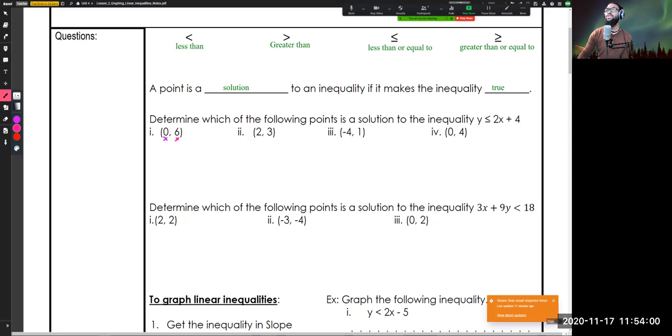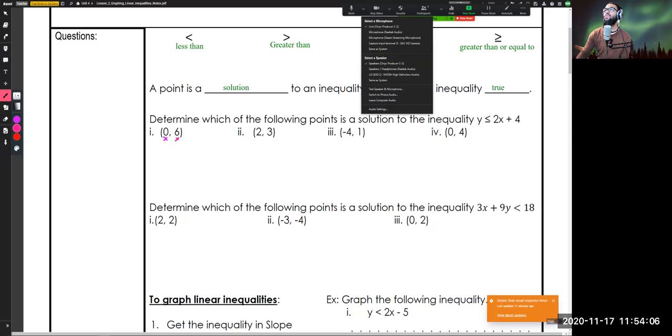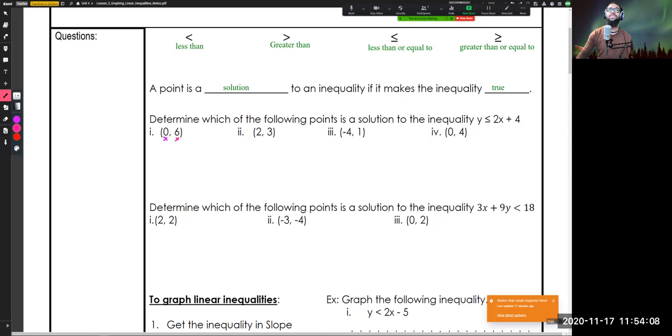So let's begin. We're just going to simply plug these right into their place in this equation. We have y is less than or equal to 2x plus 4. So this new equation is going to be, instead of y, we have 6. I'm just realizing that my y kind of looks like an x, so let's erase that and rewrite it.